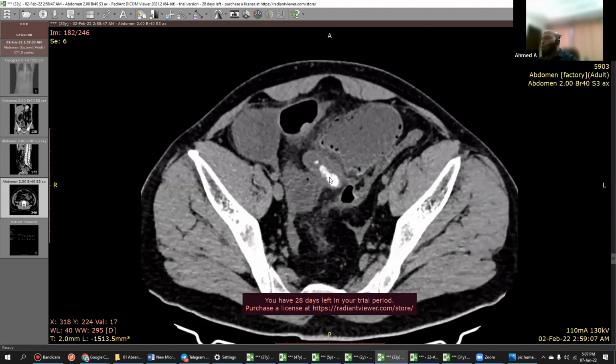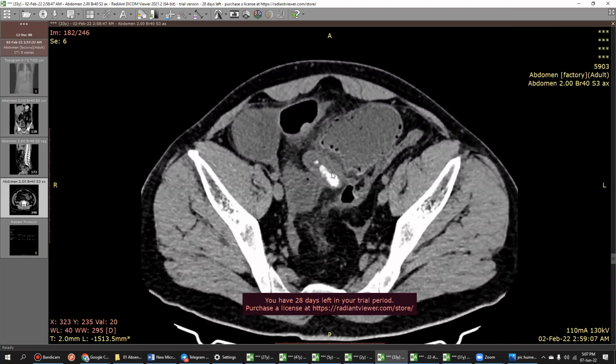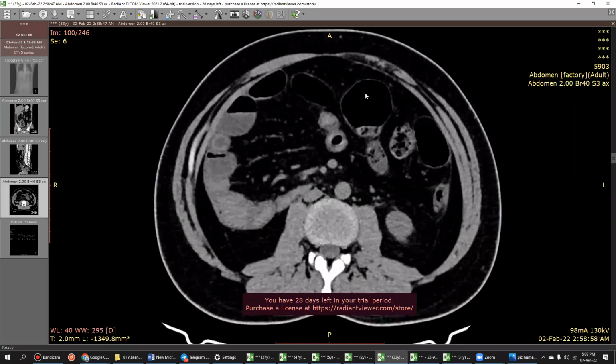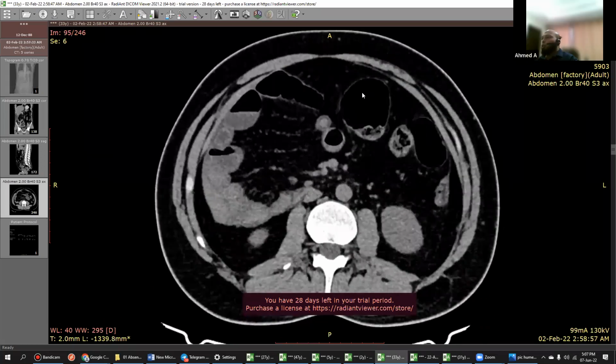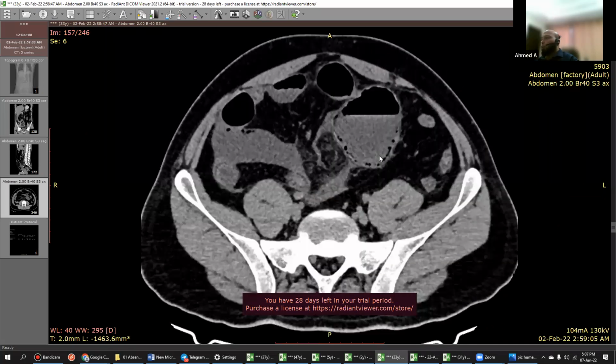What I was trying to explain is you would have got confused whether this is non-rotation or a post-operative case of Ladd's for malrotation. How do we differentiate between non-rotation and malrotation? Is this the only criterion, like if we find the appendix, then it is non-rotation? No, that's not the criterion. I'm talking about the post-operative thing.